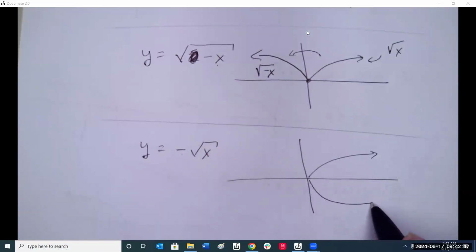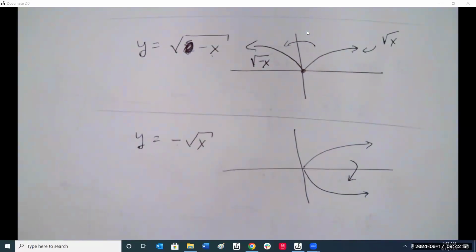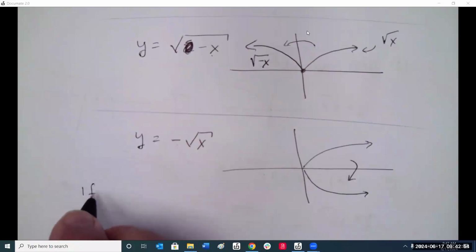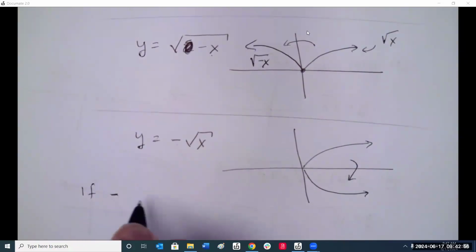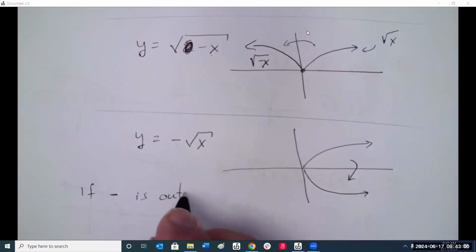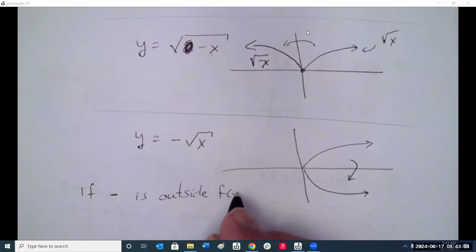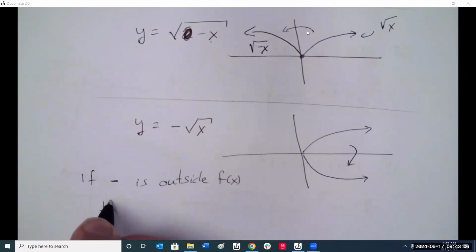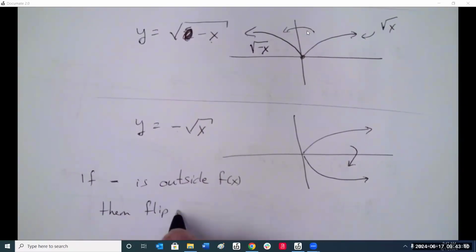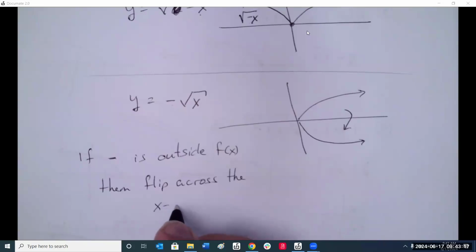Flip vertically across the x-axis. So negative is outside the function. Then flip across the x-axis.